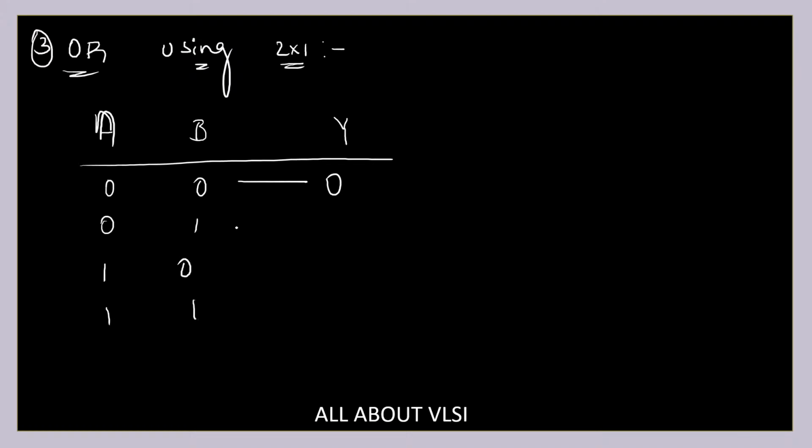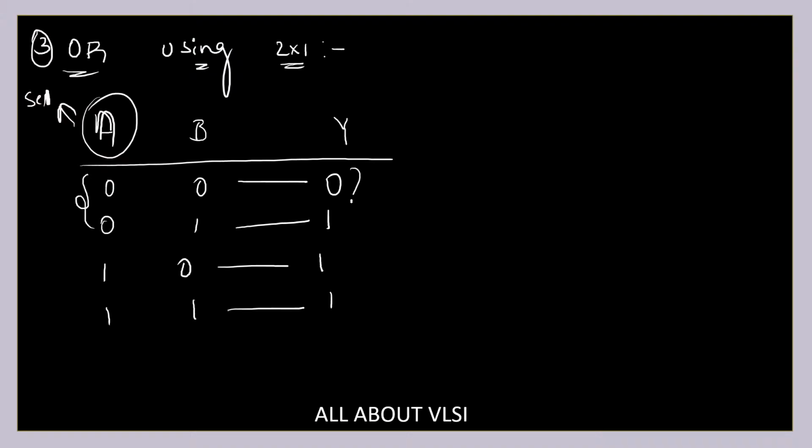Here I'm going to get 0, 1, 1, and 1. Okay. This is my truth table of simple OR gate. And I'm going to consider the select line is equal to A. Here you can see your select line is equal to 0. And here our select line is equal to 1.